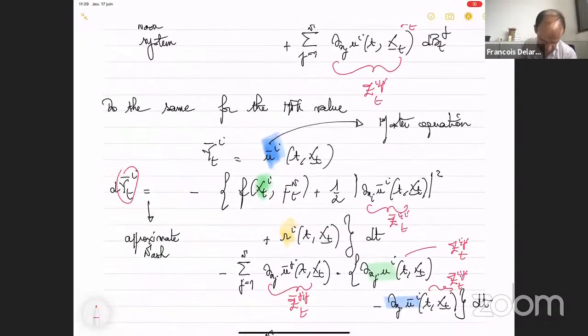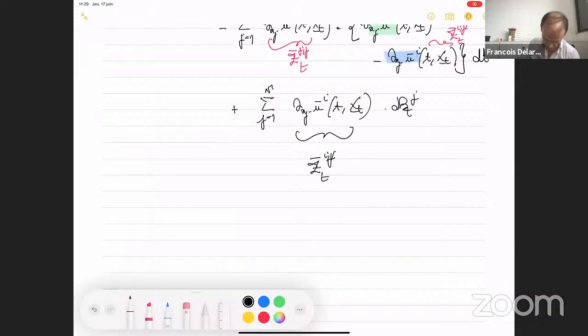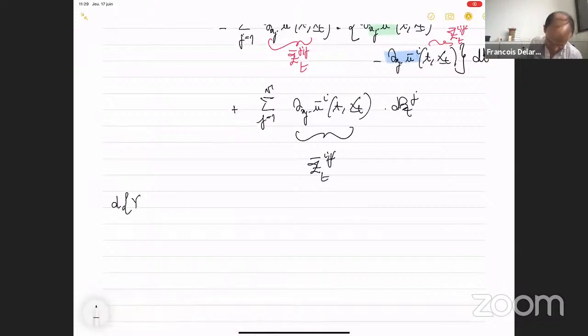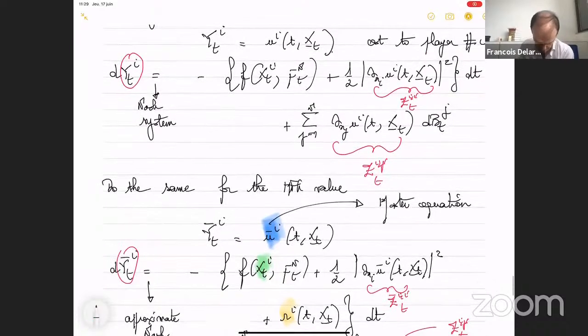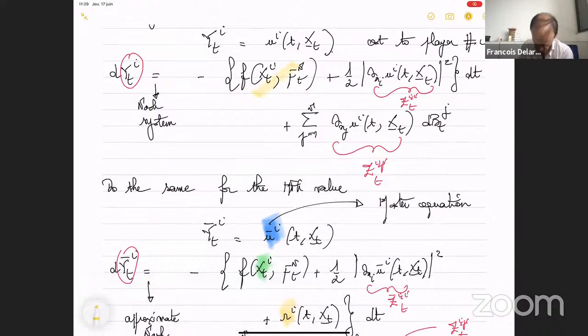And you want to use a stability argument for backward equation. So let me write this. I'm almost done in my explanation. So d(yti minus yt bar i). And so I'm going to compare terms one by one. So this one cancels with this one. So this is absolutely easy.